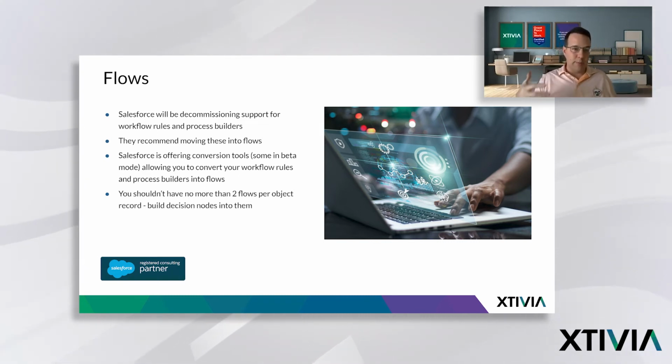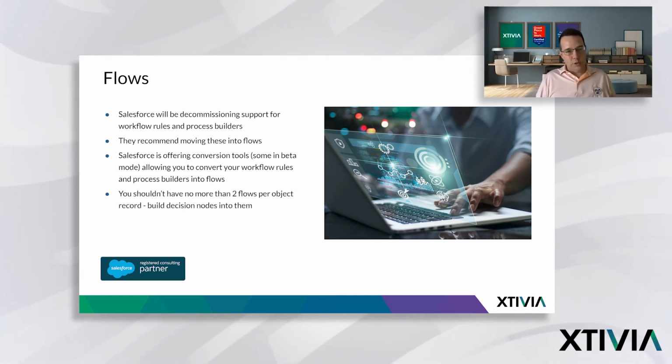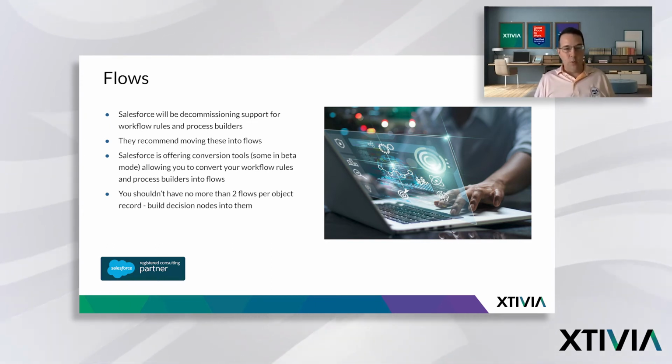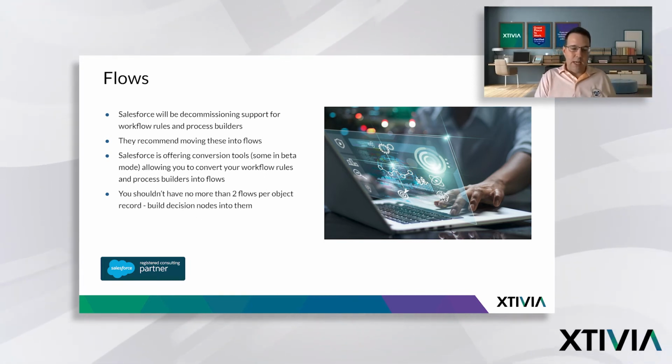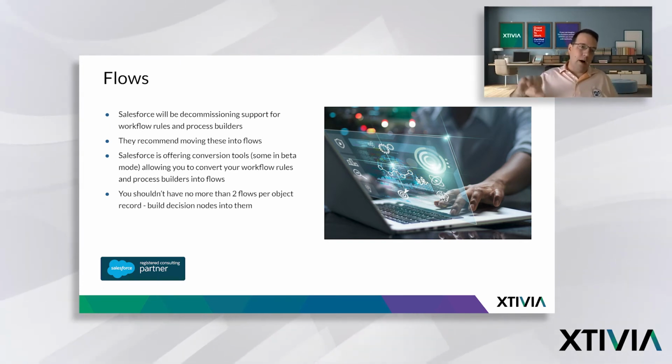In talking about flows and understanding them, you really don't want to have more than 2 flows per object record in Salesforce. You want an update flow that updates all of the fields on your existing object, and a flow that does a creation or update of your related objects.